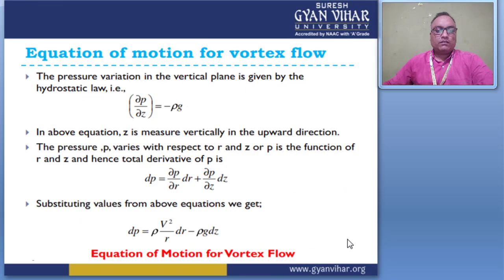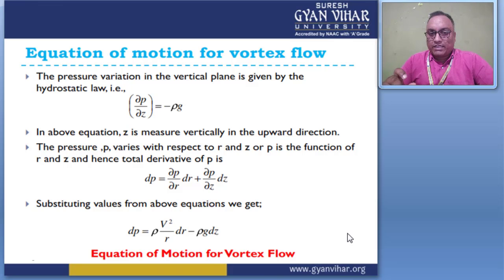The previous relation gives the relation between the pressure gradient, the velocity and the radius of this vortex also.